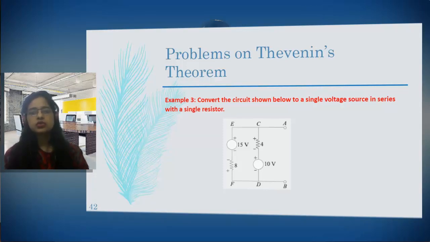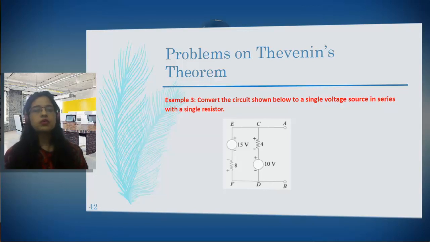So Thevenin's theorem says that any linear bilateral network can be converted to a single voltage source in series with a resistance RTH, where this VTH or VOC is the voltage appearing across the open terminal. And RTH is the equivalent resistance of the network when viewed from the open terminal.